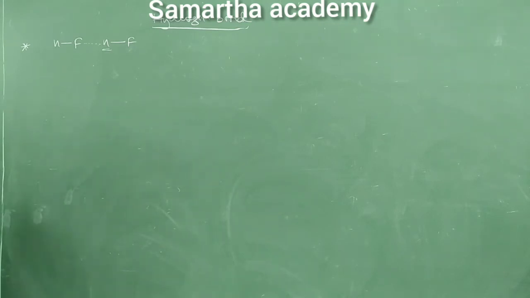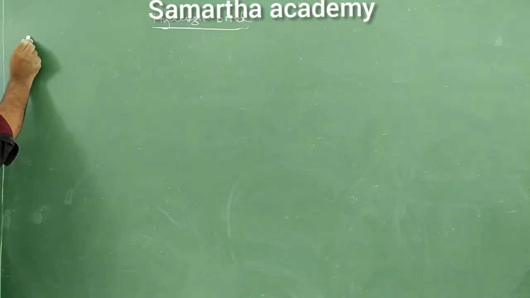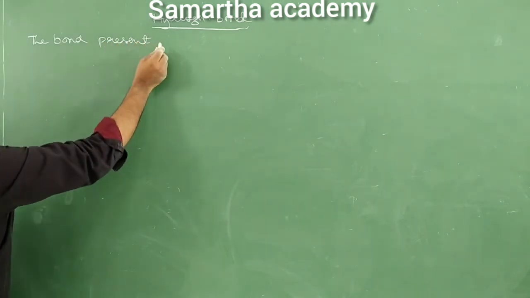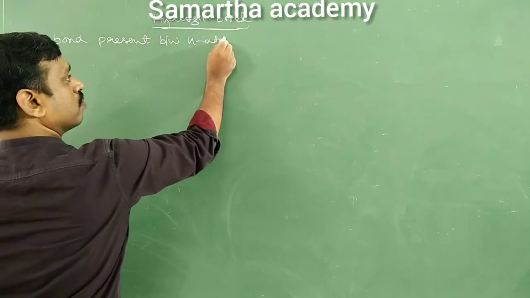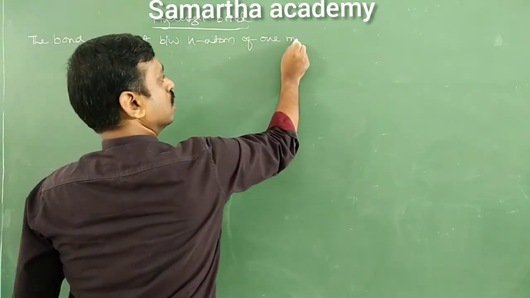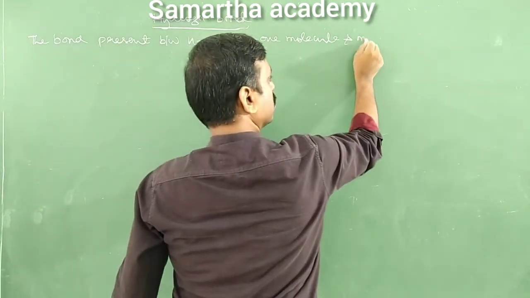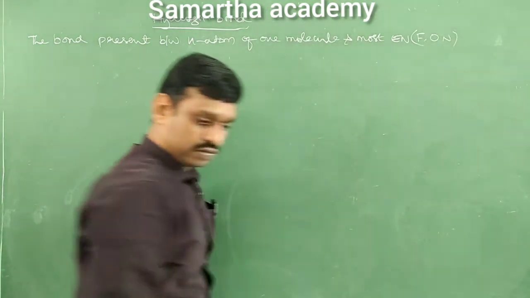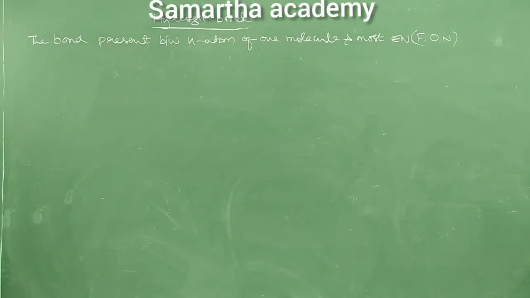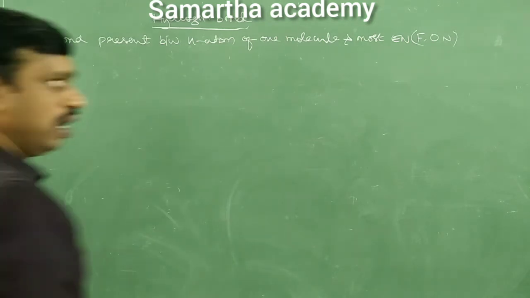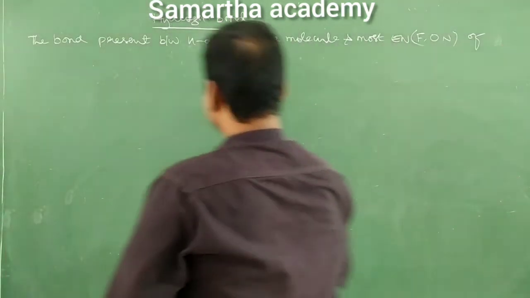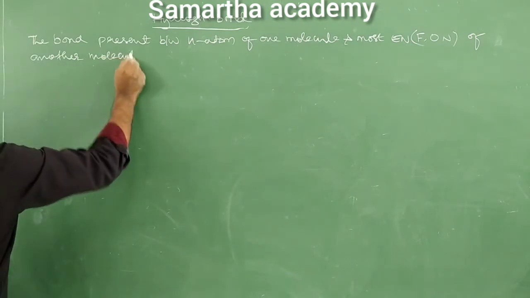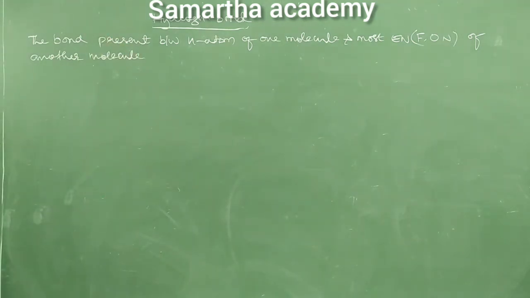So therefore, what is hydrogen bond? The bond present between hydrogen atom of one molecule and most electronegative element (fluorine, oxygen, nitrogen) of another molecule is called hydrogen bond, right?